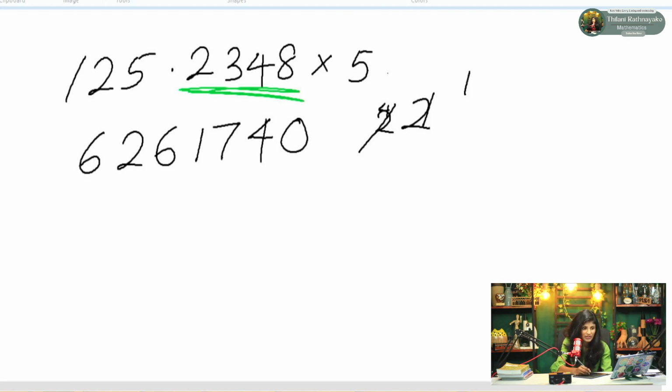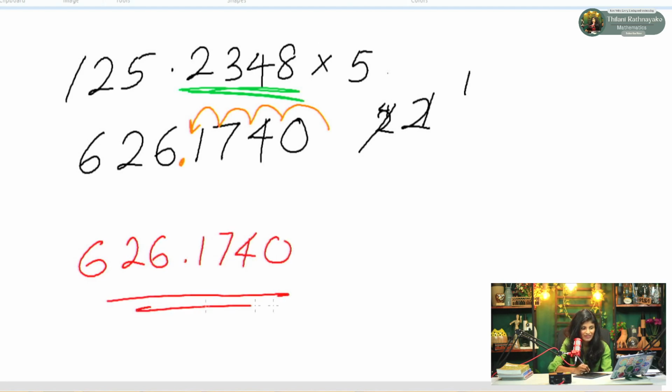So let's put the decimal place: 1, 2, 3, 4. So our final answer is 626.1740. This is our final answer.